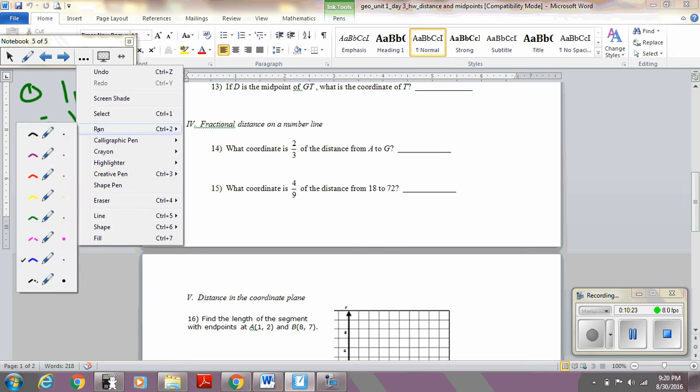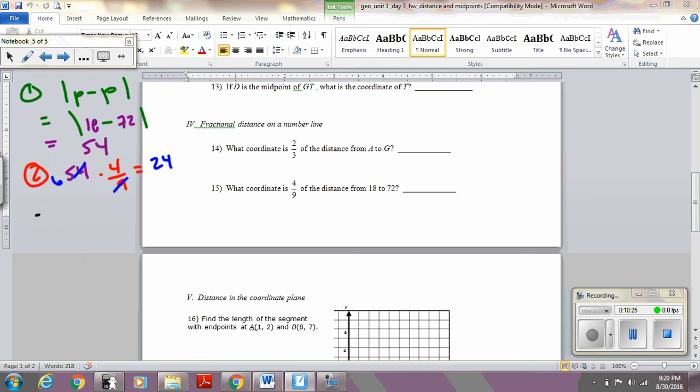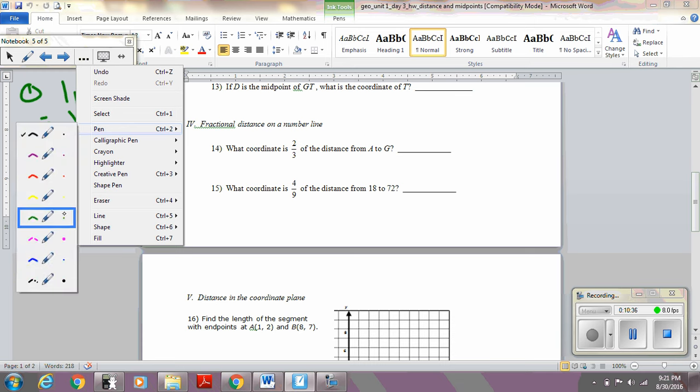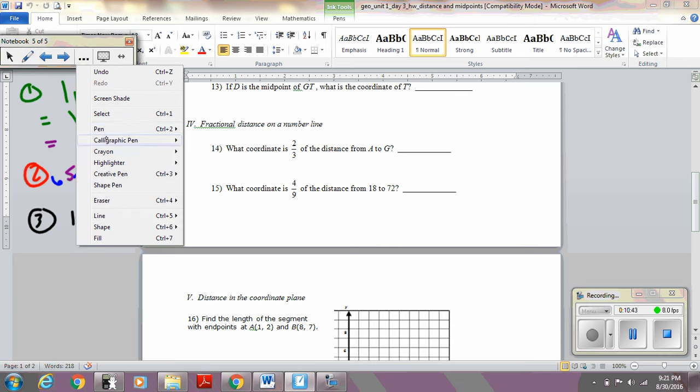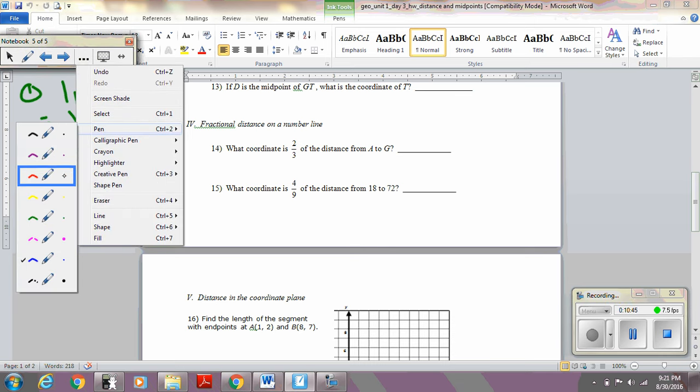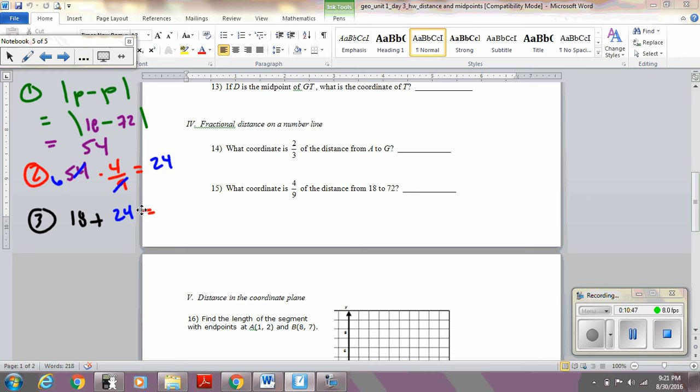And the last thing we would do, since we're starting at 18, and we're going to the right, we're increasing, we're going to add 24. So when I add 24 to 18, I would have 42.